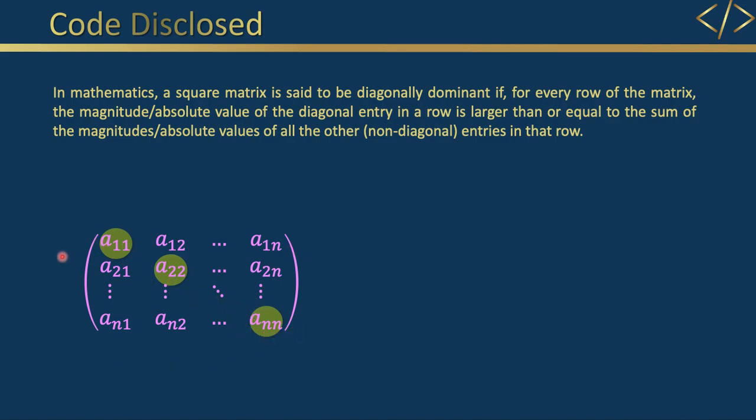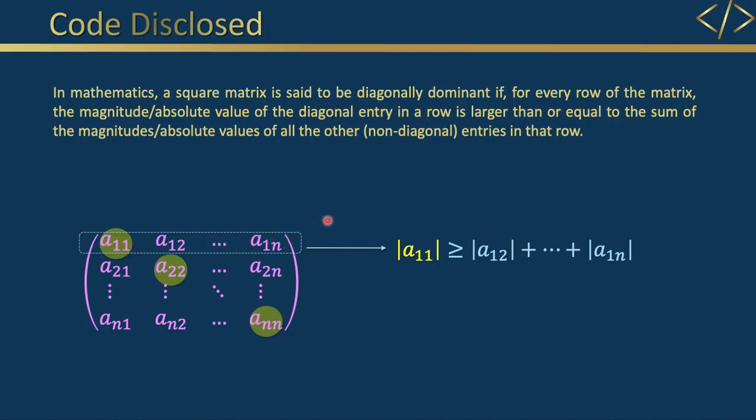Now, for this matrix to be diagonally dominant, the absolute value of each of these diagonal entries must be larger than or equal to the sum of the absolute values of all the rest of the entries of that row. For example, for the first row, the absolute value of A11, the diagonal entry, must be larger than or equal to the sum of the absolute values of all of the other elements of that row.